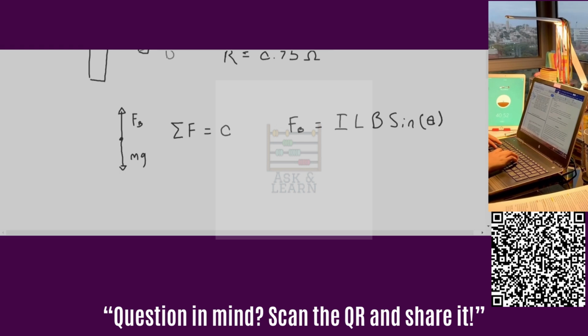So if the current is parallel to the magnetic field, then there's no force. Because we have this induced EMF, we get a current. And since we have a current, we're going to have a force on our rod. In our case, the angle is 90 degrees, so the sine of 90 is just 1. So we really just have I times L times B.